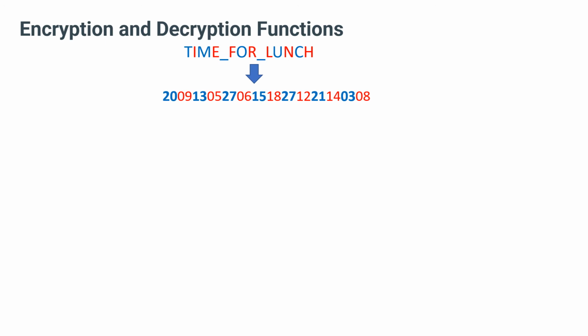Okay, so let's say that again we have this message, time for lunch, and it translates into these numbers here. Then here's what we're going to do. We're going to come up with this n that is a number at least as big as the largest plain text number will be. Now, this here would be considered plain text.